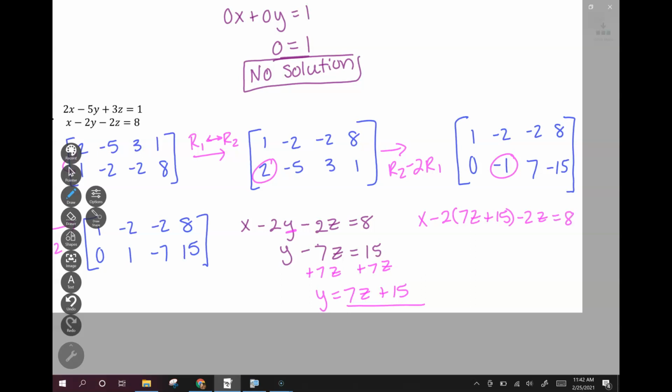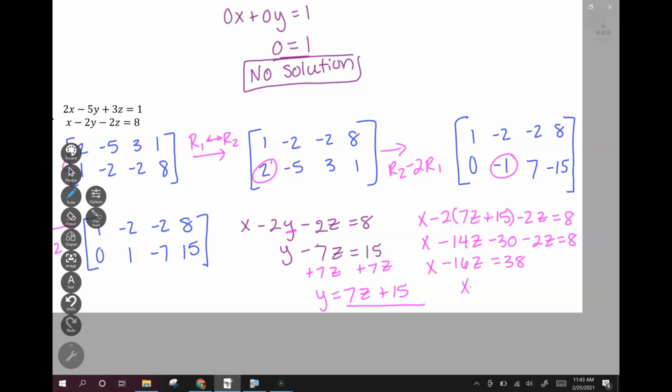Okay, so I'm getting x in terms of z. So x minus 14z minus 30 minus 2z equals 8. Combining like terms, I have x minus 16z, adding the 30 over, 38.